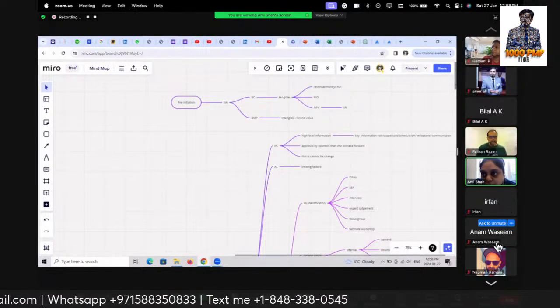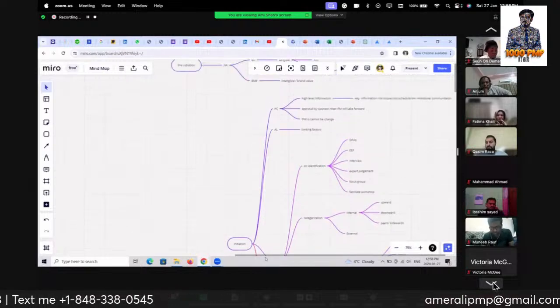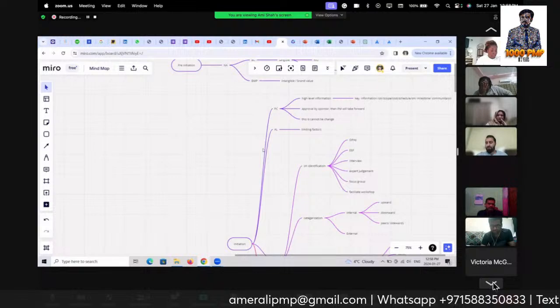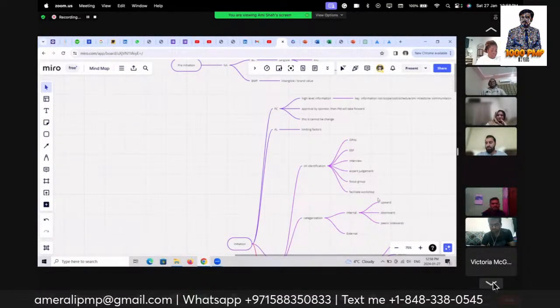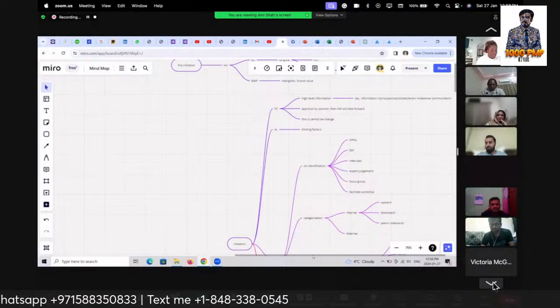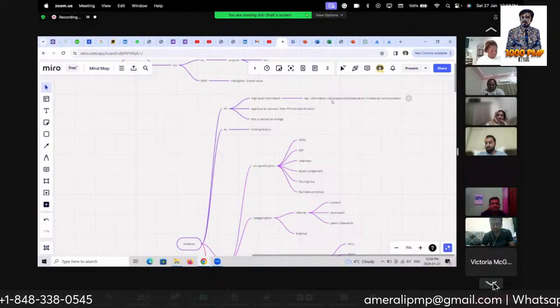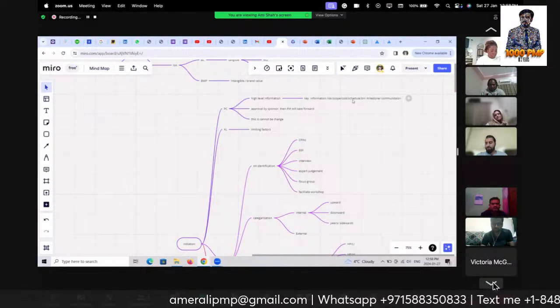Now we move to the initiation phase, where after the business case and benefit management plan, we will have the project charter, which will have the high-level information for risk, scope, schedule, stakeholder, milestone, and communication.